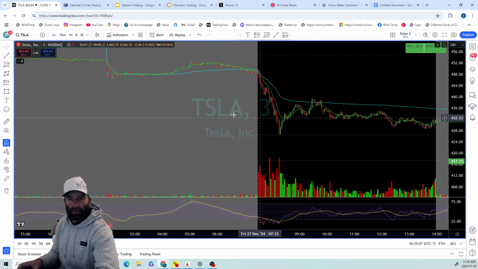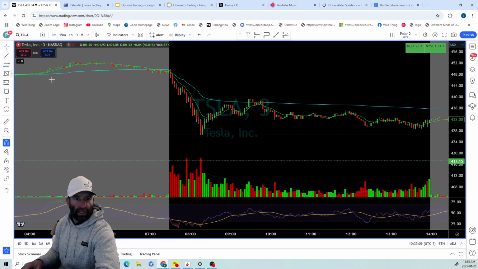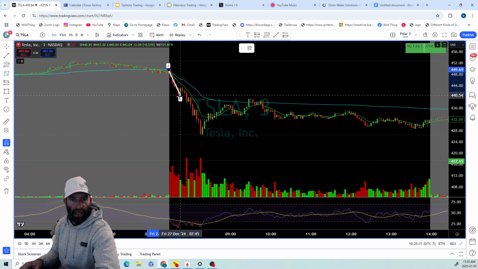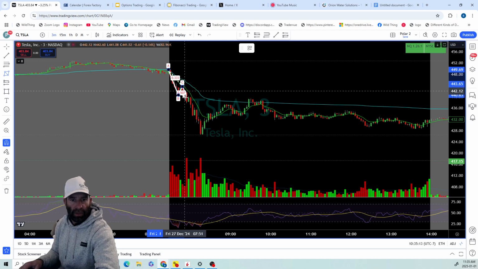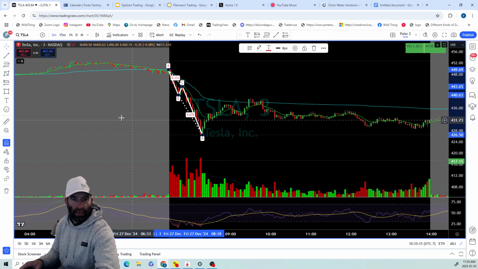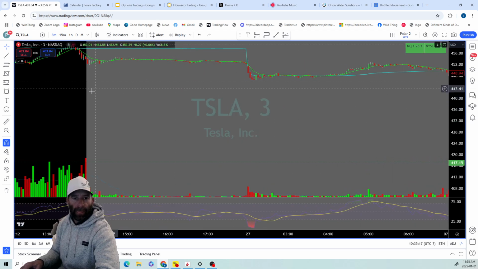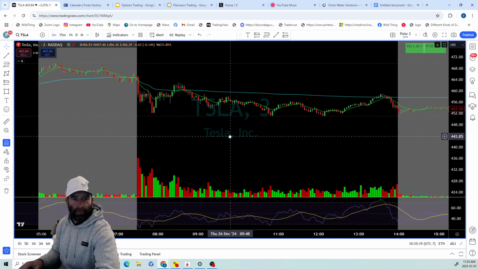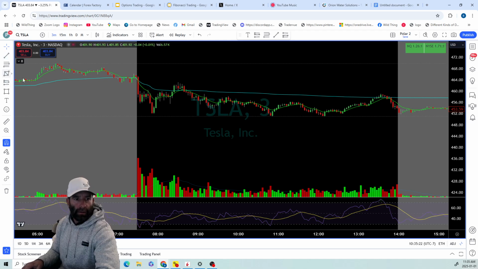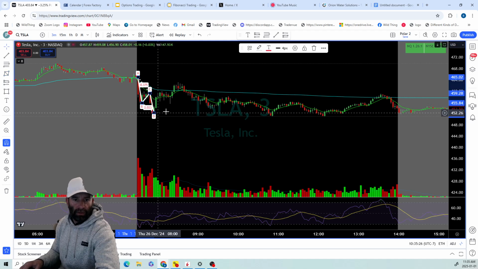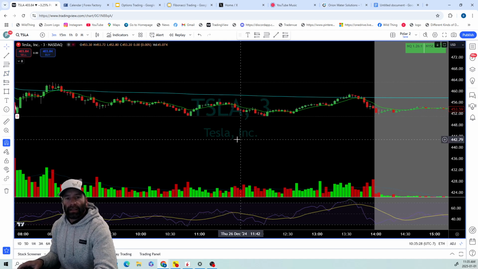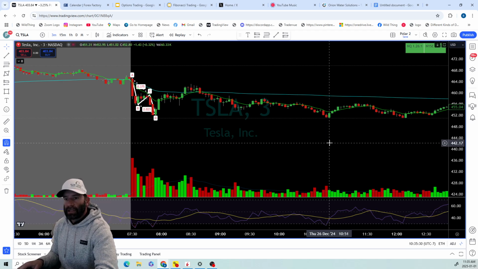But you can see from previous days, we have the same pattern playing itself out every single day. A, B, C, D. A, B, C, D. So this is really the only pattern you need and provides opportunities every single day.